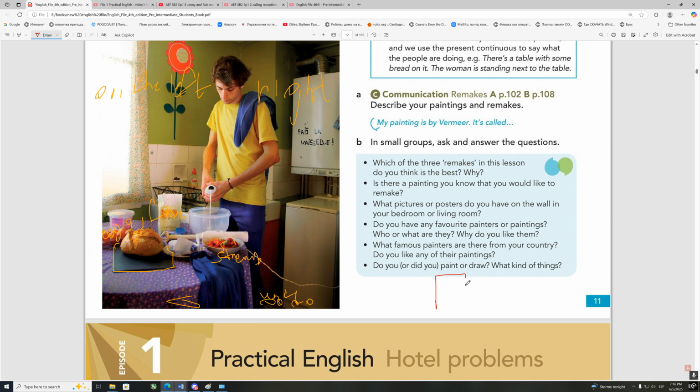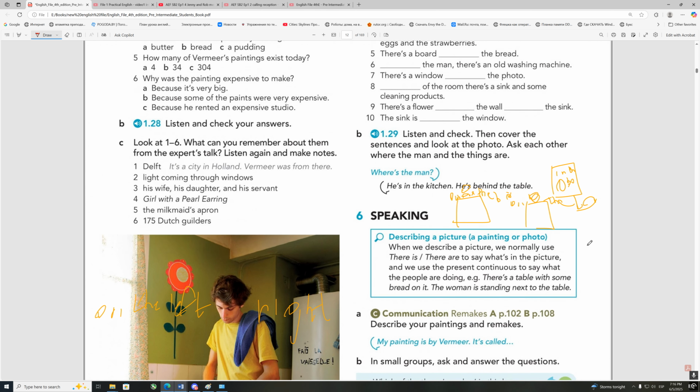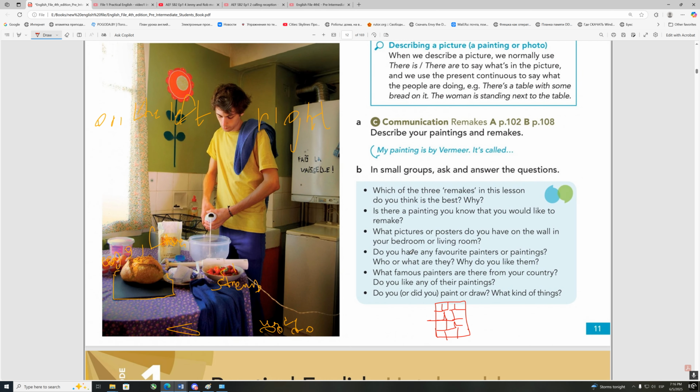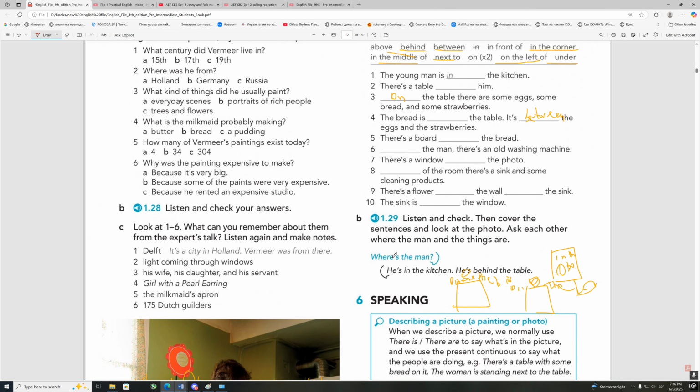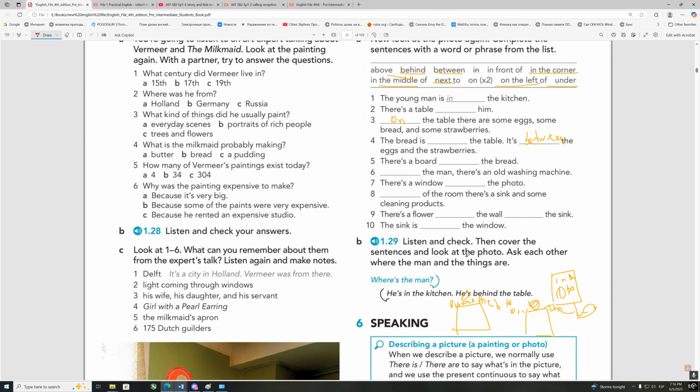Example, board. There is a board. So this is the bread. And this is the board. Board. A stand, a grater. I don't know how. Maybe it's called a stand, a grater.